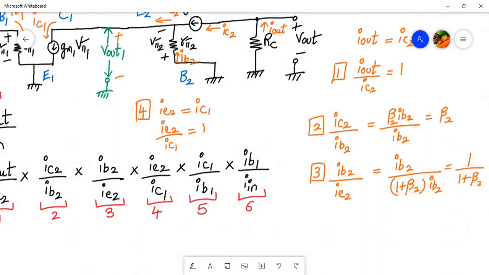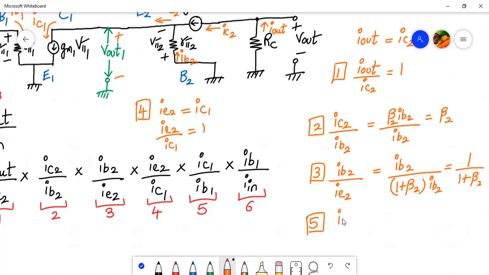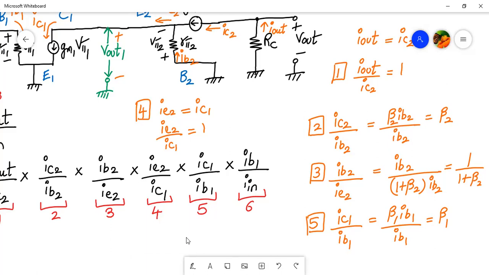Then comes the fifth term. In the fifth term, we have IC1 divided by IB1. This is also very straightforward. IC1 is beta times IB, so beta 1 into IB1 divided by IB1. So finally, you will have beta 1 itself, right? Now we have to find out the sixth term, IB1 and IN. For finding that, we will be using the current division rule. We will be drawing the circuit again.